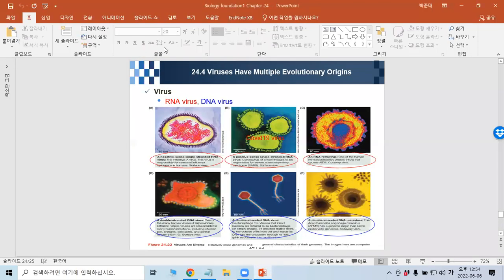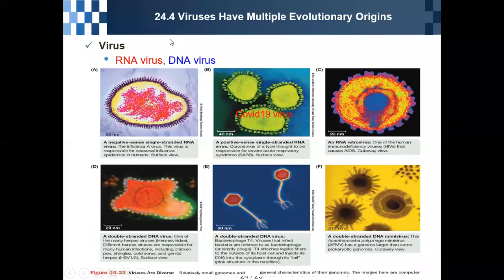So now we will cover the final subject. Virus. Viruses have multiple evolutionary origins. Usually we divide them into two types: RNA virus and DNA virus. For RNA viruses, there are three kinds.